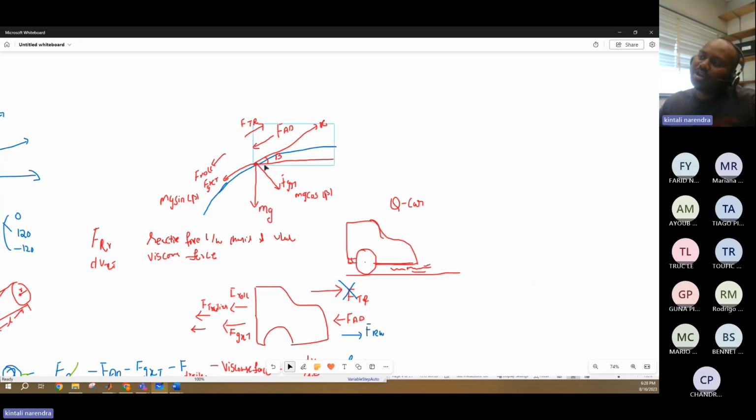So you need to have a road profile, draw the slope or tangent, and from there you'll get beta. Our aim is to define a function which will tell us what beta is.